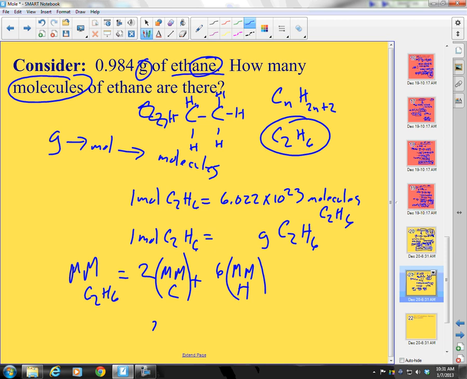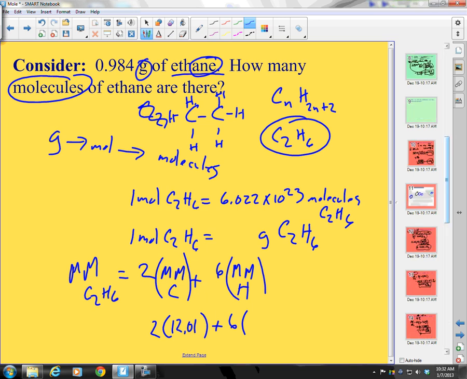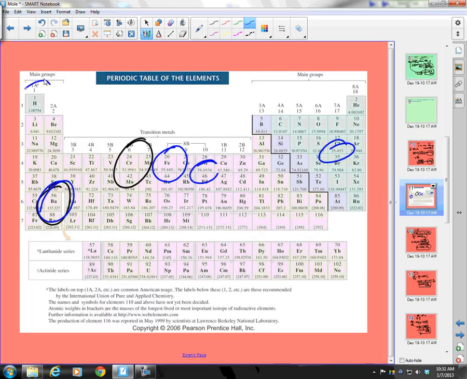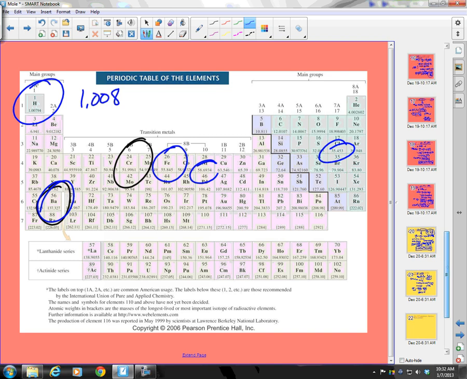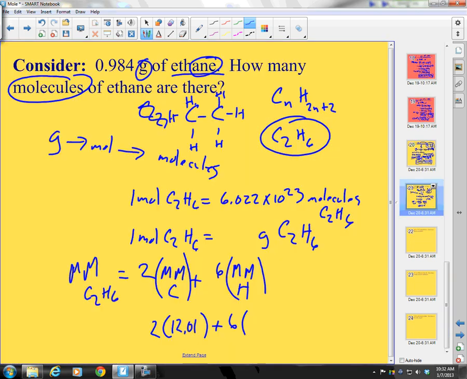And 2 times 12.01, hey, I've got that memorized, plus 6 times, oops, I don't have hydrogen memorized. Well, I really do, but let's look it up anyway. Here's my hydrogen, 1.008. That's what I use, 1.008 grams per mole.